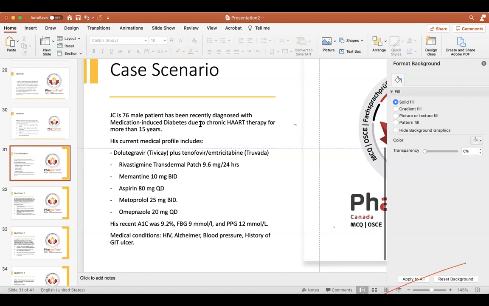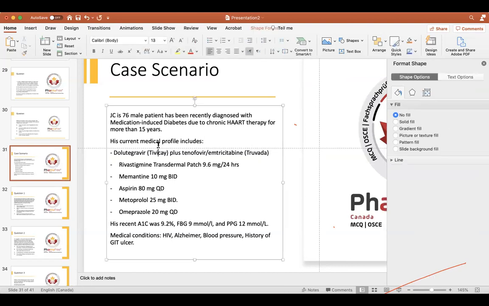Do you know HAART therapy? It's not heart, it's HAART: highly active antiretroviral therapy, which is for HIV.